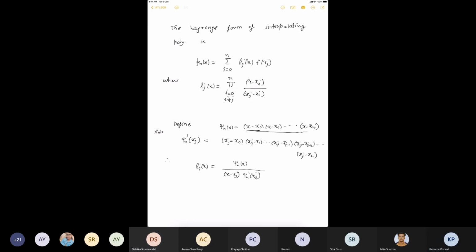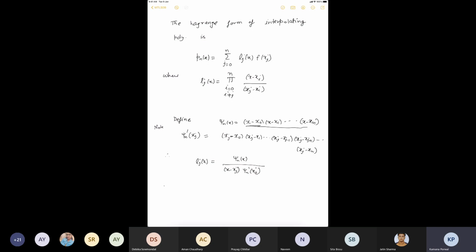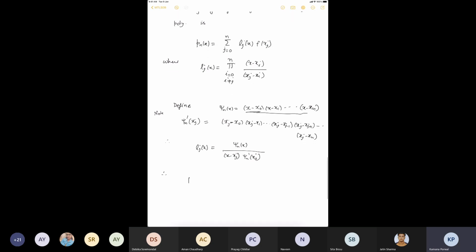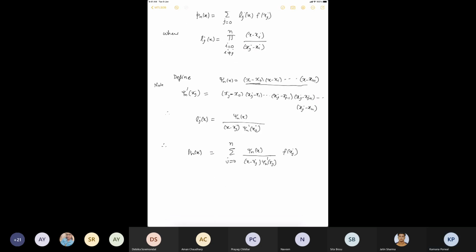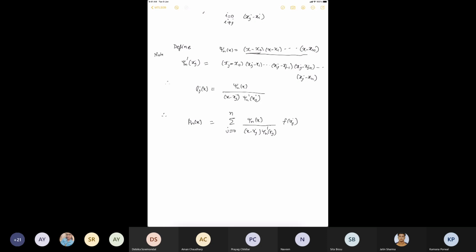So therefore, we can write Pn(x) as the summation over j equal to 0 to n of psi_n(x) divided by (x minus xj) times psi_n prime of xj, times f of xj.